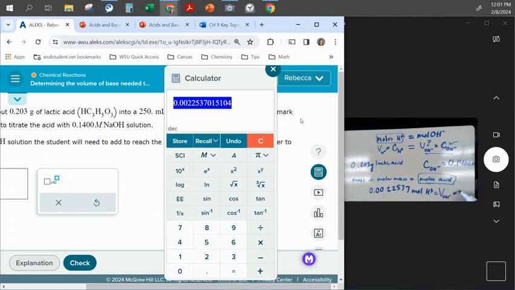And we're going to plug in our concentration, 0.1400 molar. So all I have to do now is divide the moles of acid by the concentration of base, and that will give me the volume of the base that I need.